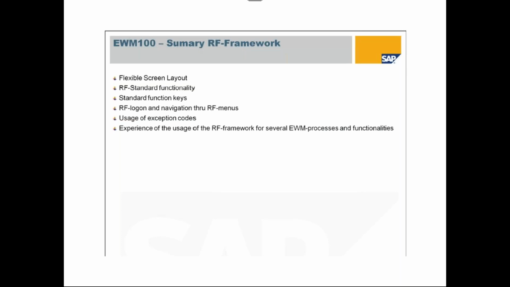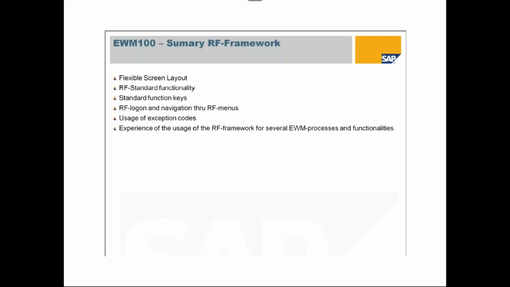SAP EWM provides some standard functionalities, and more than 90% of those fulfill the business requirement. Function keys we are going to see. Standard function keys like F1, F2, F5, F6 are provided.